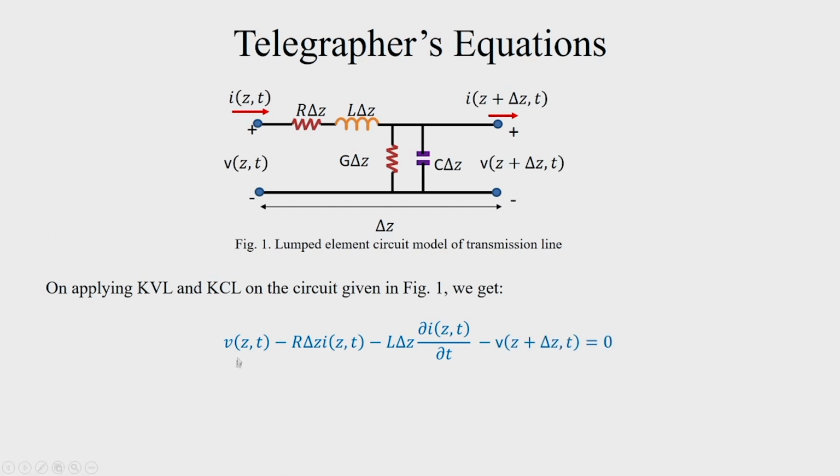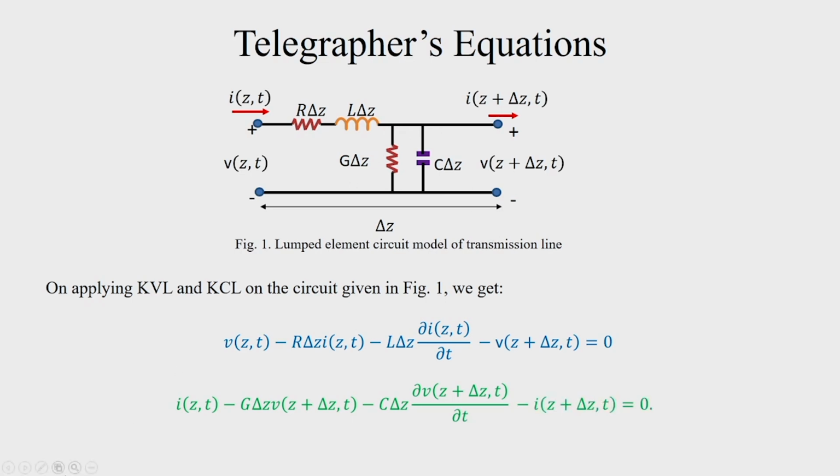So, this is the equation where voltage is related to the current and the resistance, inductance, capacitance and conductance of the equivalent circuit model. Similarly, if we apply KCL here, we can get another equation.